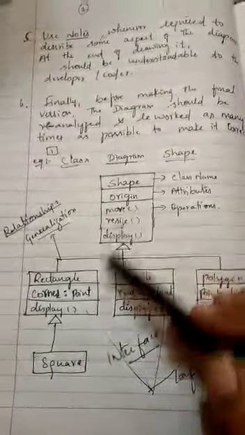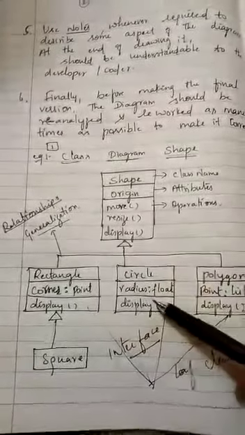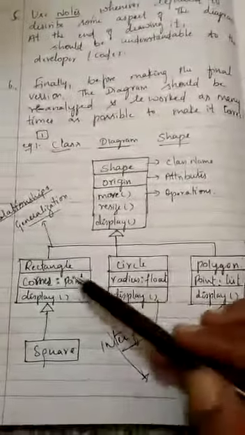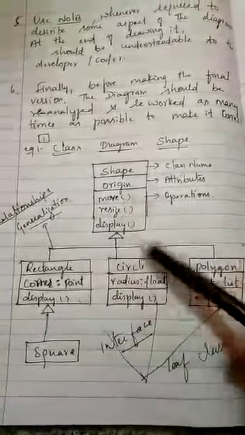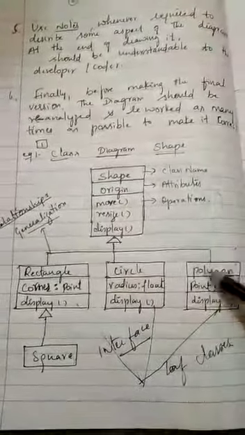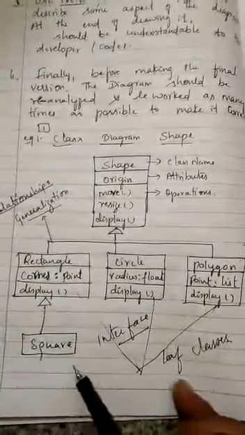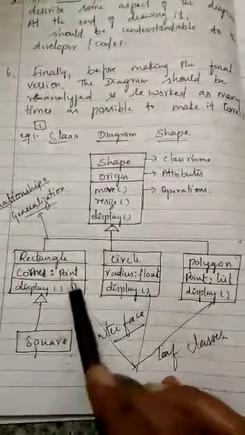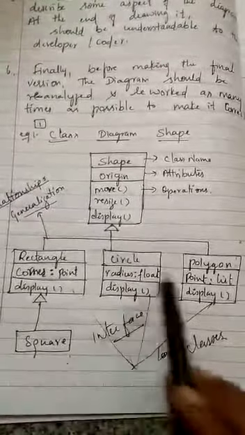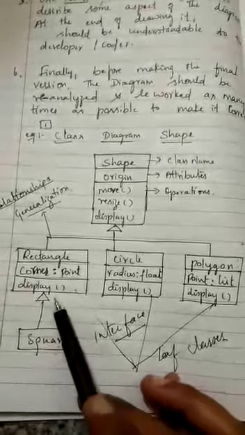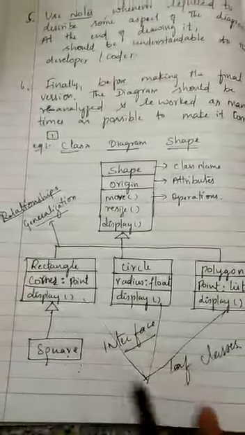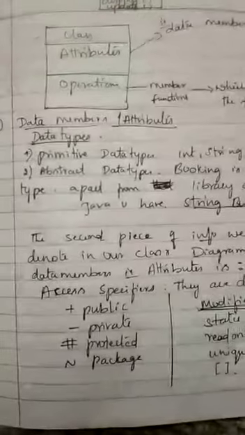The same attributes and operations are inherited. So this shape can be a rectangle shape, circle and polygon. Here this is the interface. The interface square, here a rectangle can be a square, right? The circle cannot be a square. So this is the interface which is inheriting from the rectangle, and these are the leaf classes.